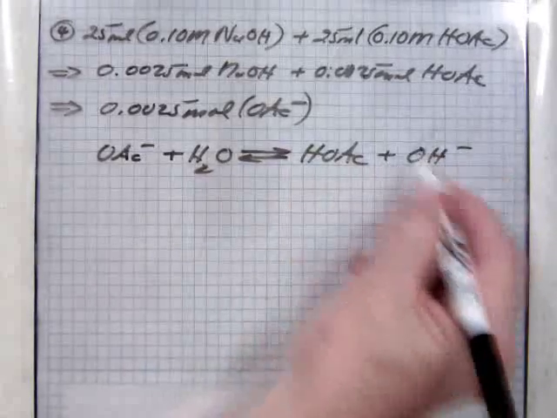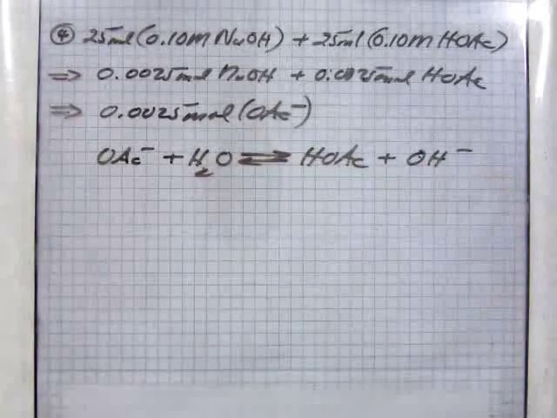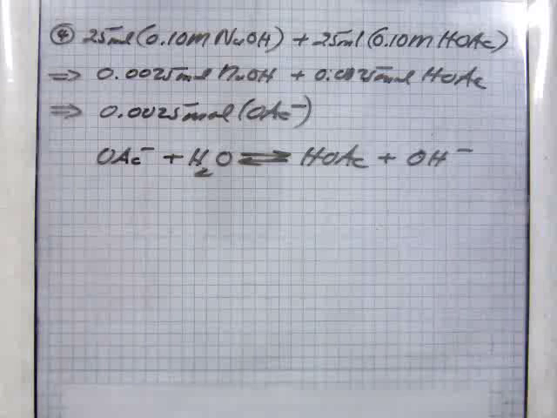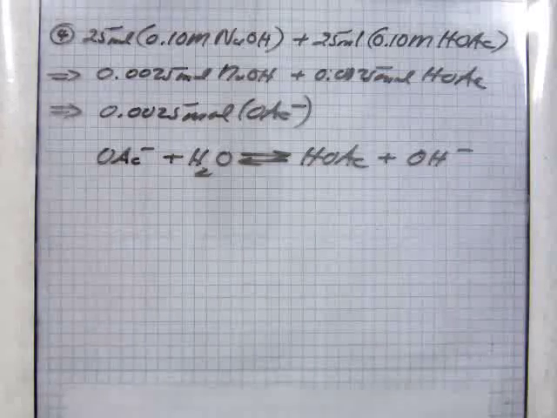And this is what's going to define your pH at the equivalence point of this titration. You recall that when you have a weak acid titrated with a strong base, your pH is going to be in the base range. And if you have a weak base titrated with a strong acid, you get in the acid range for your equivalence point.